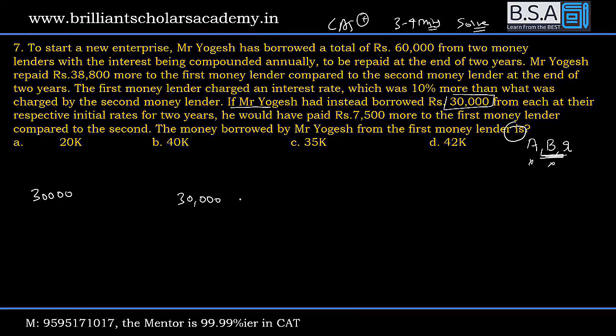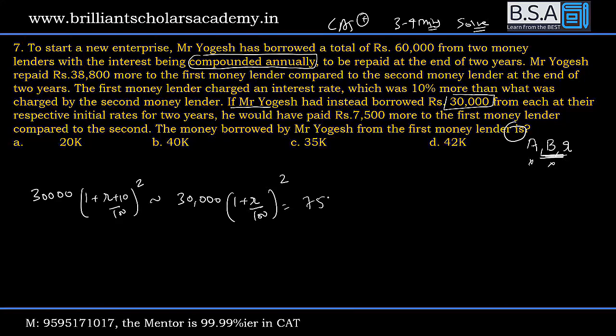If this is increased by R 2 times, this is increased by R plus 10, 2 times. The question is compounded annually. And how much is the gap between the two? The gap between the two is 7,500.